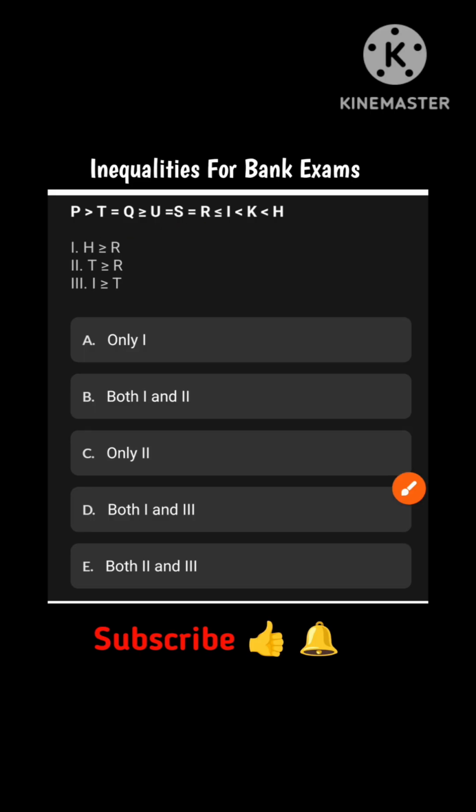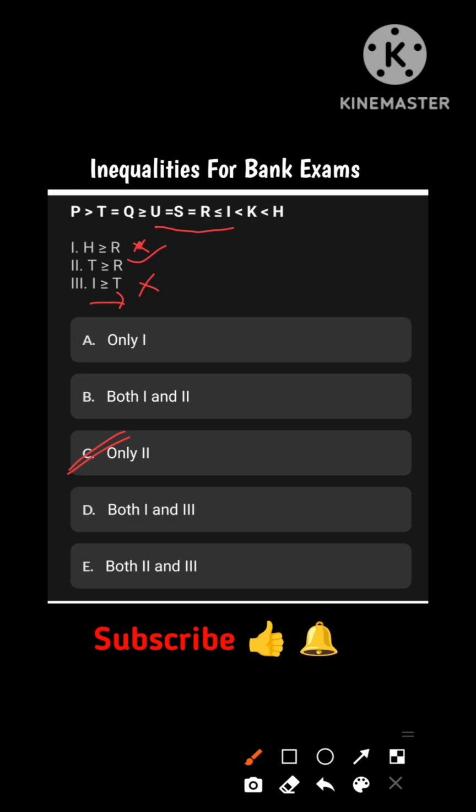So second conclusion will be true. Next, the flow from I to T with everywhere equals to. From I we can reach up to Q but cannot flow to T. So the third conclusion will be false. By this we have cleared that option 2, only 2 is true here. Option C is the answer for this question.